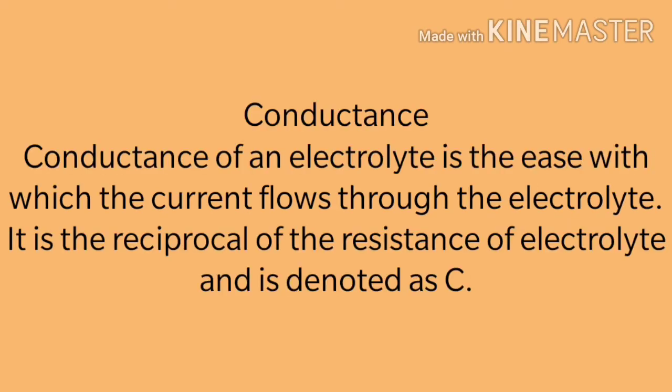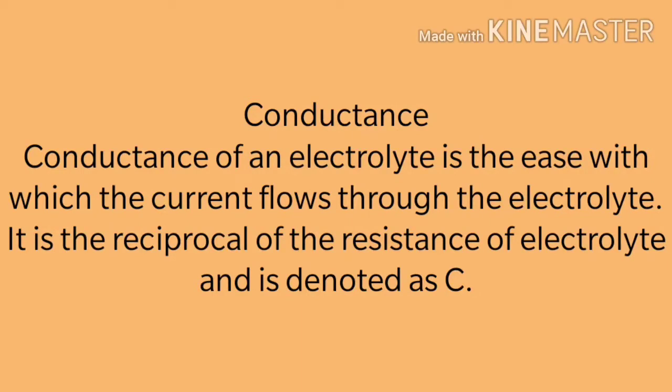Now the conductance of an electrolyte is the ease with which the current flows through the electrolyte. It is the reciprocal of the resistance of the electrolyte and is denoted by capital C. We study about the resistance.